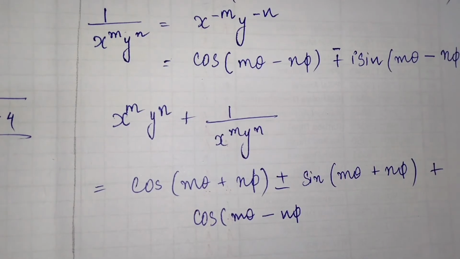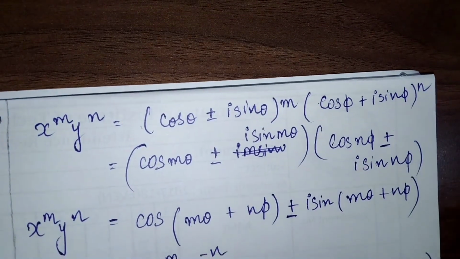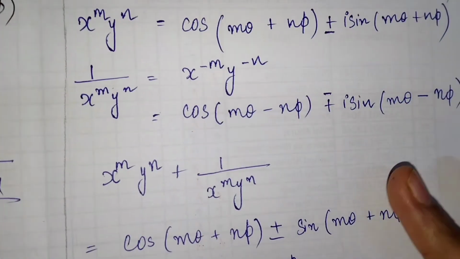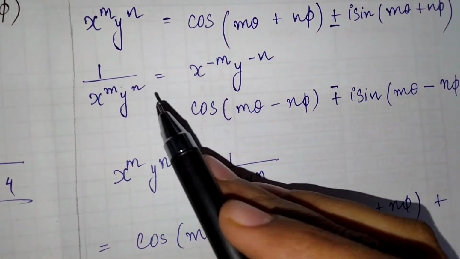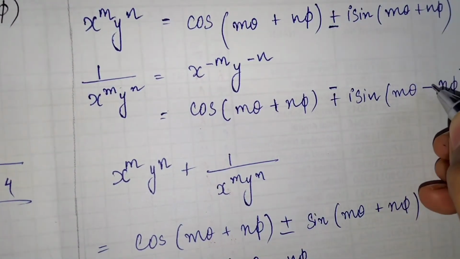Sorry, here also plus or minus is there, and so whenever we will find x raised to minus m and y raised to minus n, sign change will not take place here.